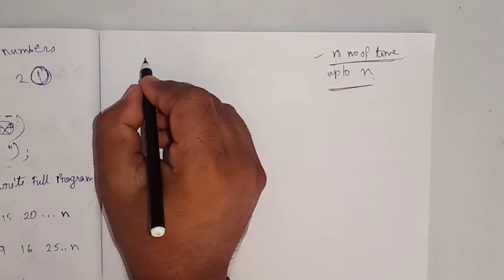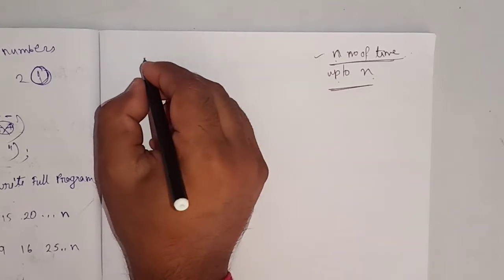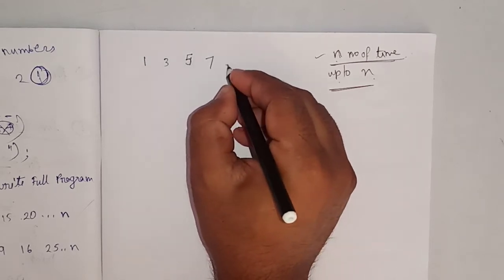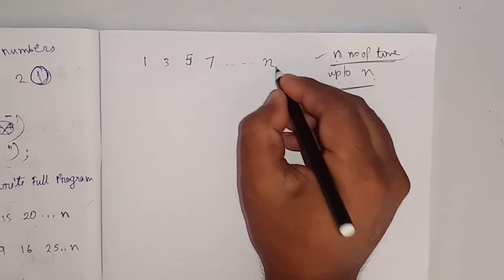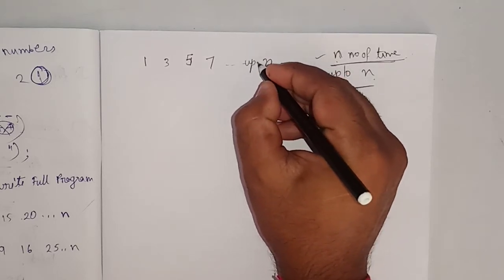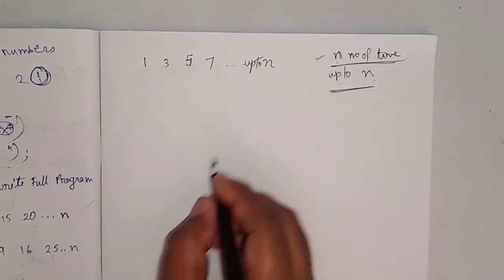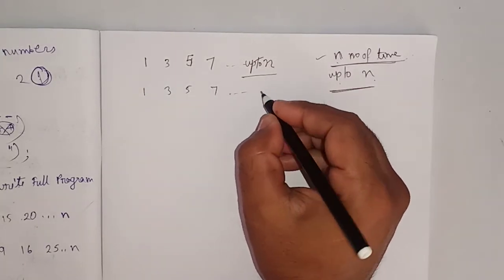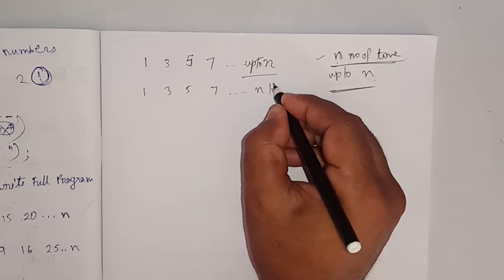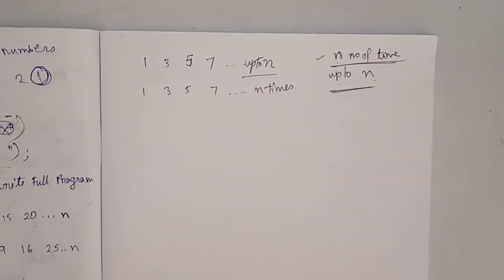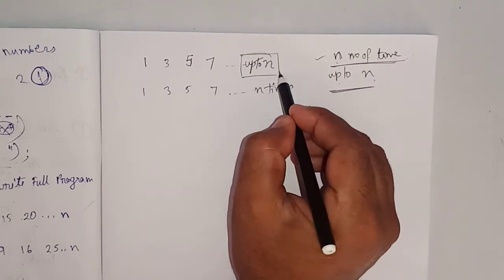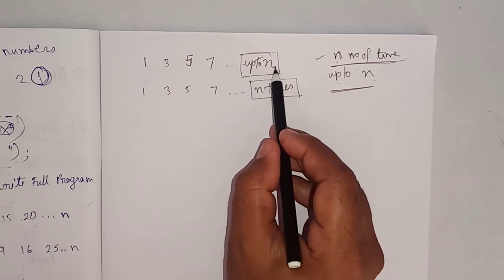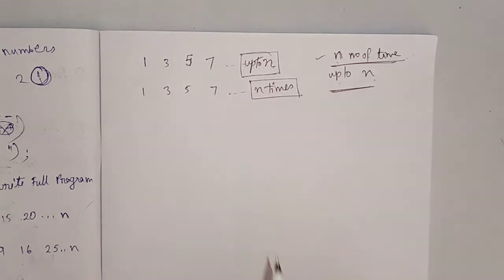Suppose you start printing the values 1, 3, 5, 7 up to n. Okay, this is one thing. The same numbers 1, 3, 5, 7, n times. Same question, the different thing is this one. One is up to n, the other one is n times.